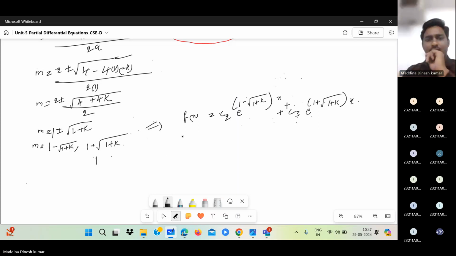Then the final solution is z equal to f of x into g of y.